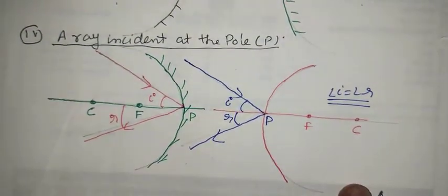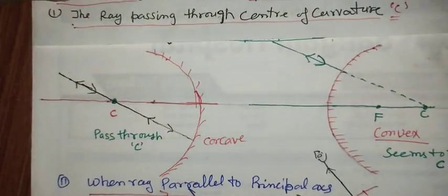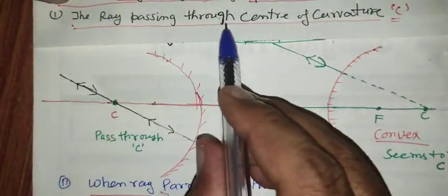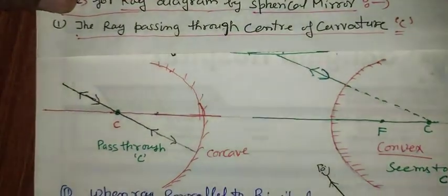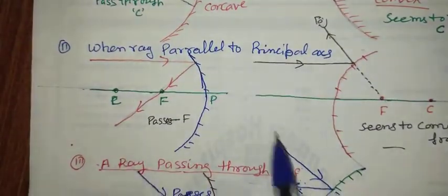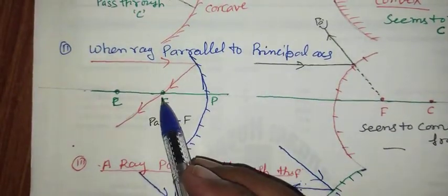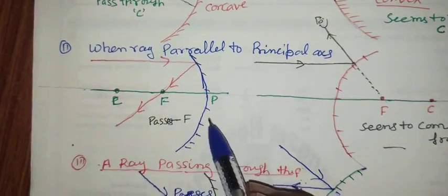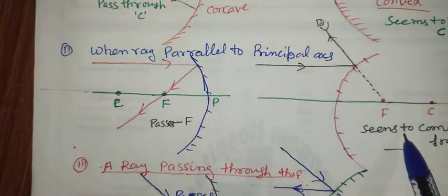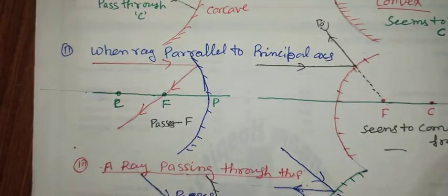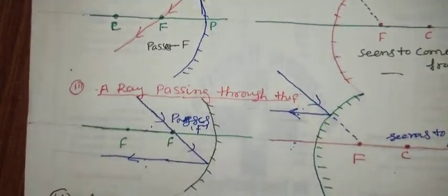So here are the four rules. First, a ray passing through the center of curvature is reflected back in the same path. Second, a ray parallel to the principal axis, after reflection, either passes through the focus in a concave mirror, or seems to come from the focal point F in a convex mirror.